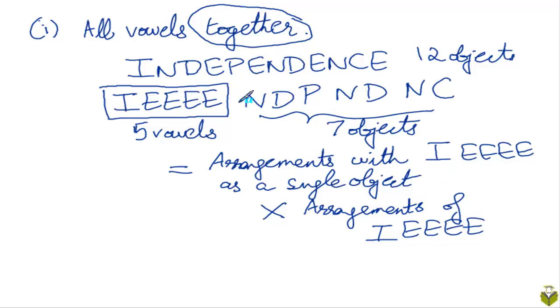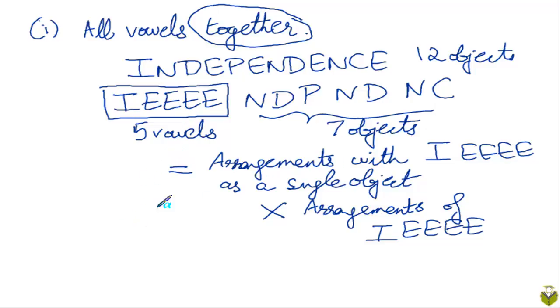So like before, I treat I, E, E, E, E as a single object and try to move it around in the arrangement with the other 7 letters, and also consider how many ways I can arrange this particular object internally, which consists of 5 vowels, right?